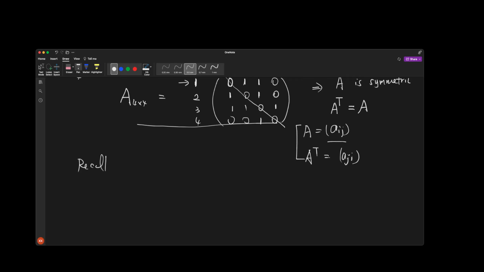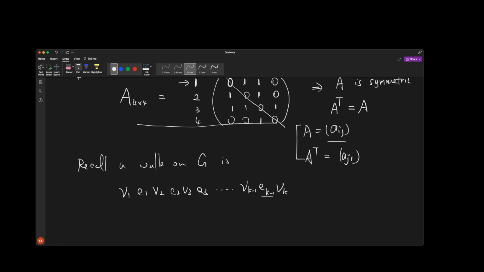Recall a walk on the graph G is just a sequence V1, E1, V2, E2, V3, E3, and so on, until V_{k-1}, E_{k-1}, V_k, of vertices and edges alternately.